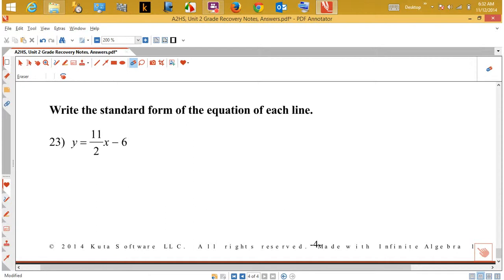So what I need to do is get rid of my denominators first. What we see is that I have a denominator of 2 and I have a denominator of 1 on this side. Okay, so I have y is equal to 11/2 x minus 6 over 1. And so my common denominator is 2.